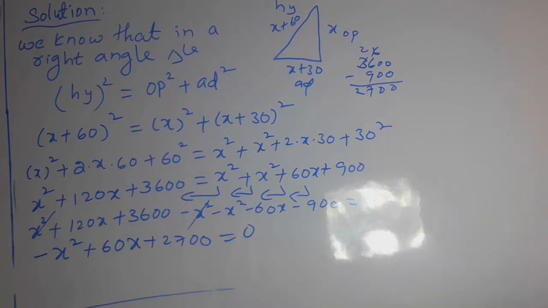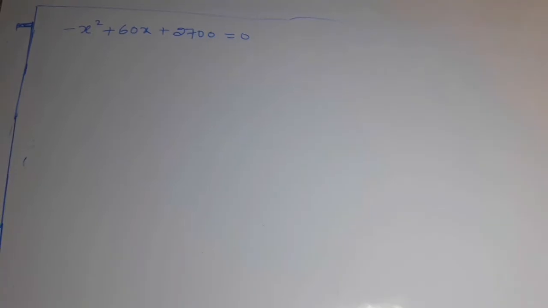So finally we get minus x square plus 60x plus 2700 is equal to 0.